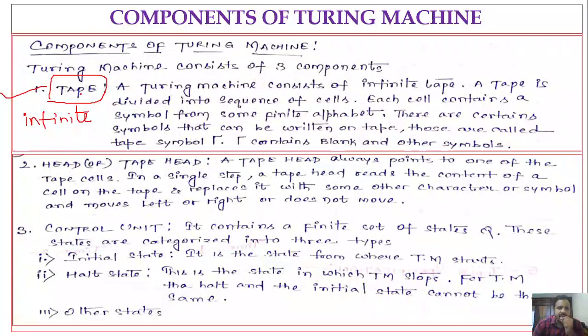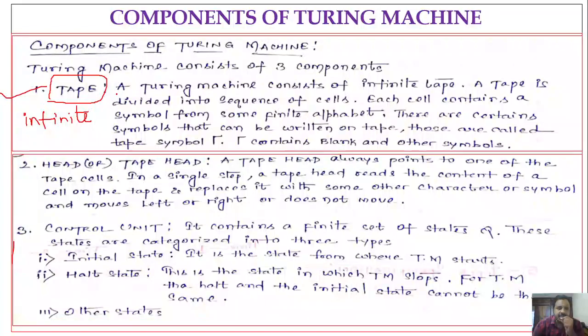The next one is we have a read head, read write head. Okay, so we are going to have some tape head that is used for performing the read operation. And next one is we have the control unit that specifies the state transitions. Okay, so these are the three basic components that are mostly common in all the automata, but we have some specific functionality in each specific component, right? So we will see those specific functionalities here.